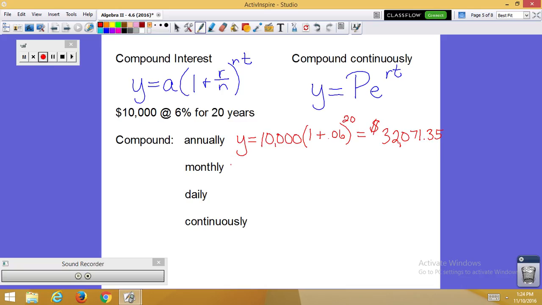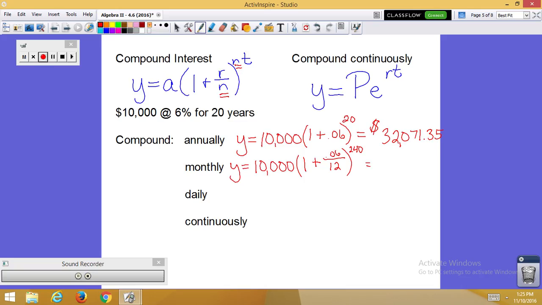Monthly. How does this equation change if we compound it monthly? Well, if we're compounding it monthly, we have to divide the interest and multiply the time by 12 because there are 12 months in a year. So I'm going to put 1 plus 0.06 divided by 12, and 12 times 20 is 240.